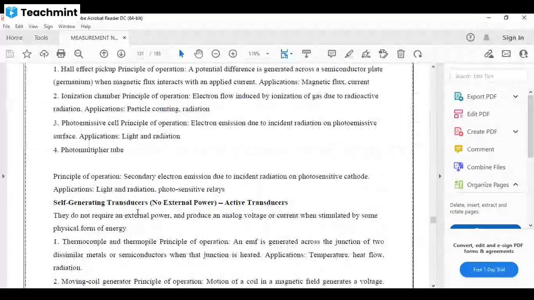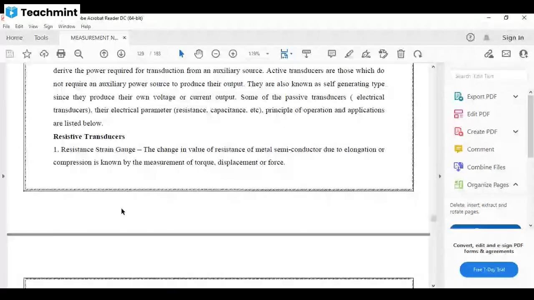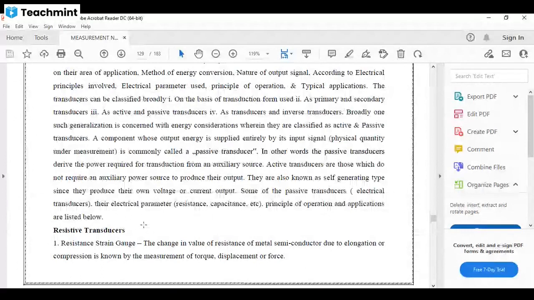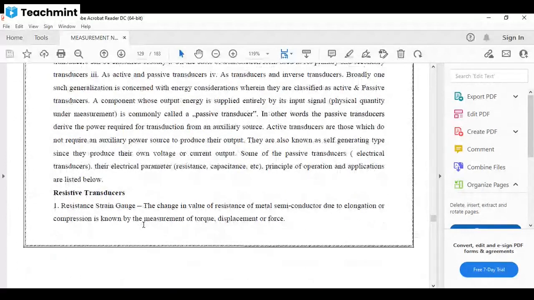Okay, so the first one is the resistive transducer. The resistive transducer comes under the category of strain gauge. I already discussed the strain gauge principle with an equation. So what happens in a strain gauge?